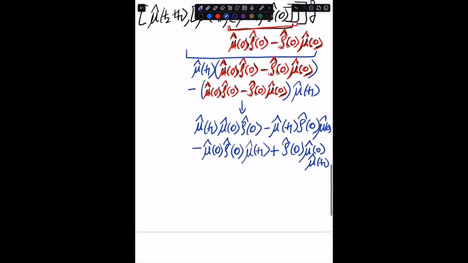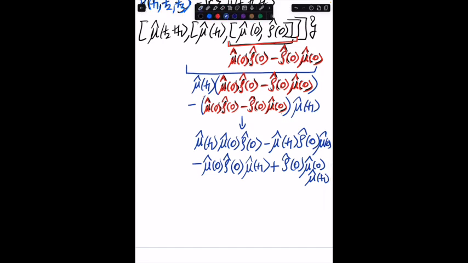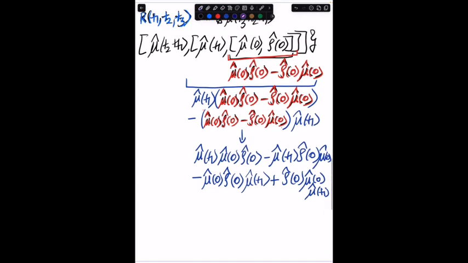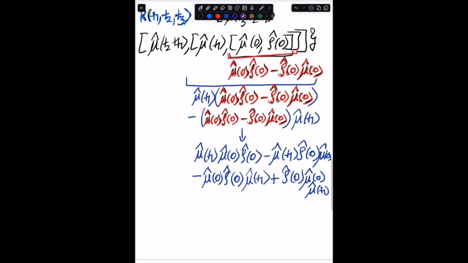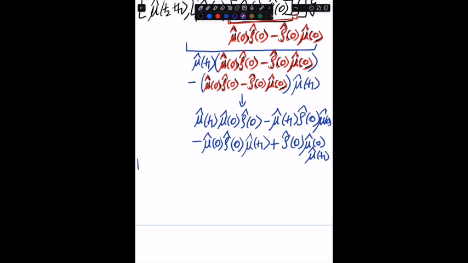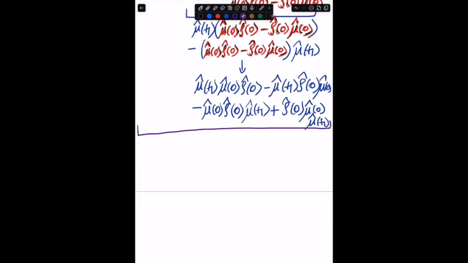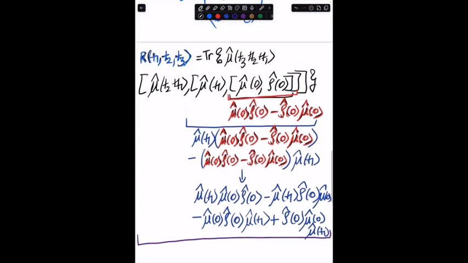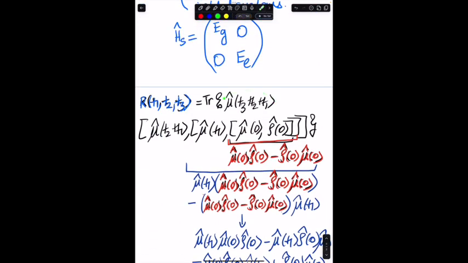Now I will commute this with mu t2 plus t1. We have already commuted with mu t1. What that will give us is 8 terms, and those 8 terms will have to be multiplied with mu t3 plus t2 plus t1, which is given here.